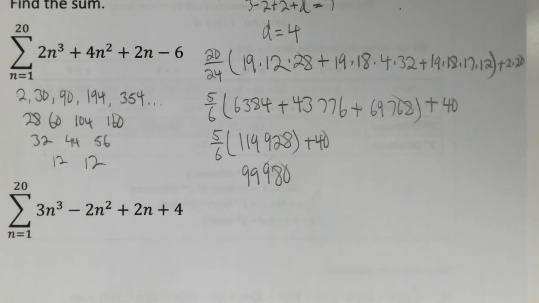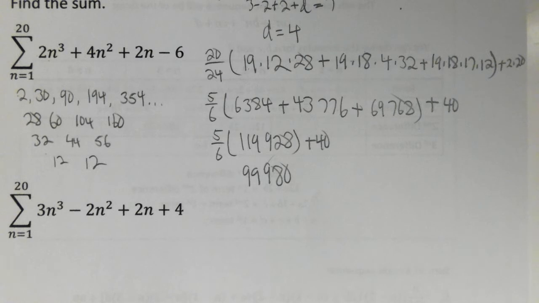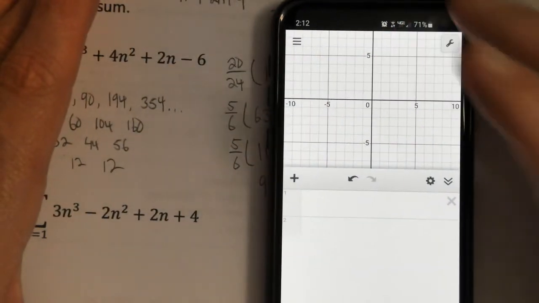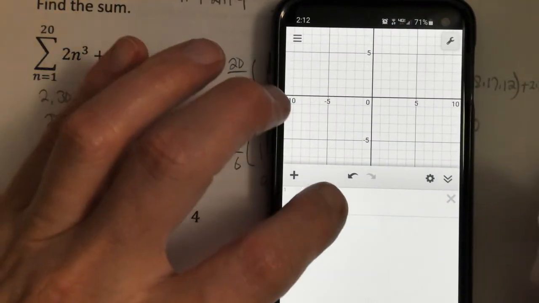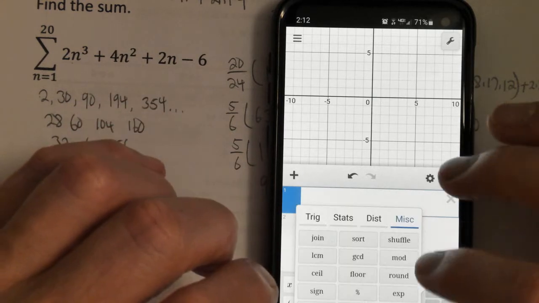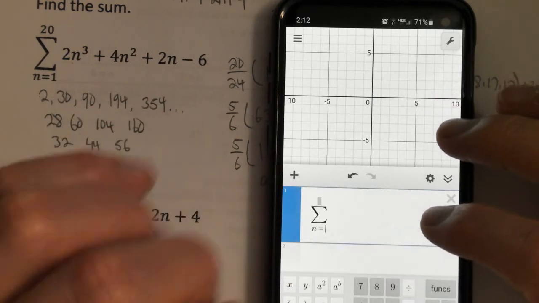We can also do this. Remember, there's an alternate method. Don't forget that your Desmos calculator does have the summation function on it, right? So feel free to use that if you like. So for the summation notation, don't forget where you need to go now. We need to go over to functions, miscellaneous, summation.